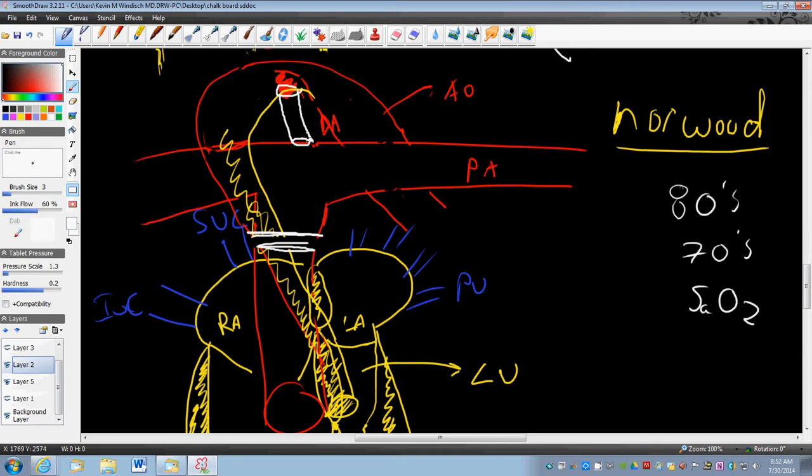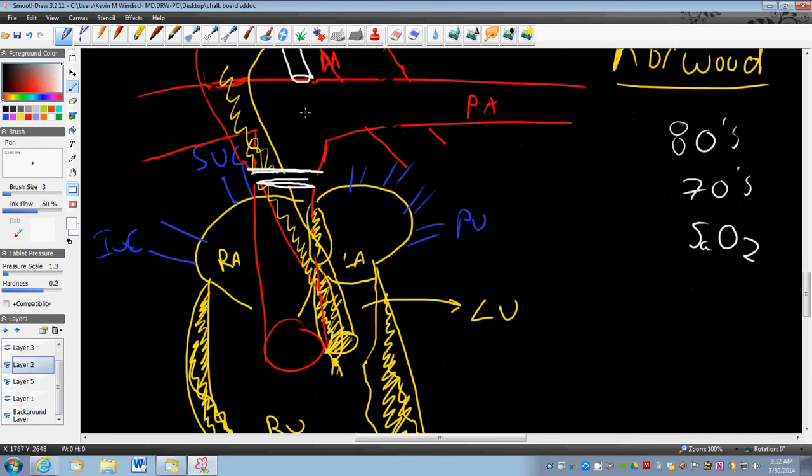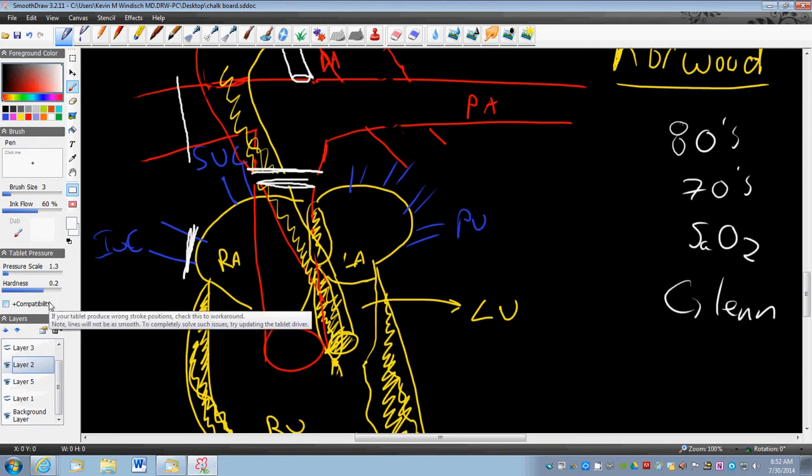So as they outgrow it, the next step is what's known as the Glenn procedure, sometimes referred to as a bidirectional Glenn. And in that, we're going to take the inferior vena cava and usually the right pulmonary artery and hook them together.